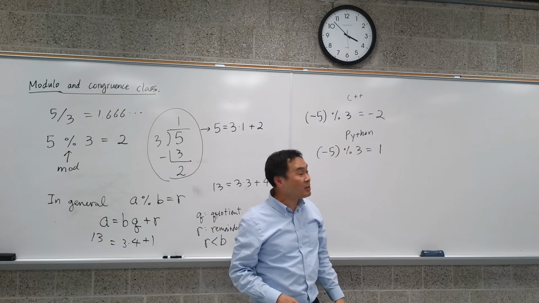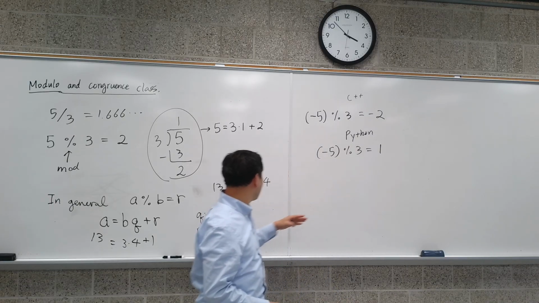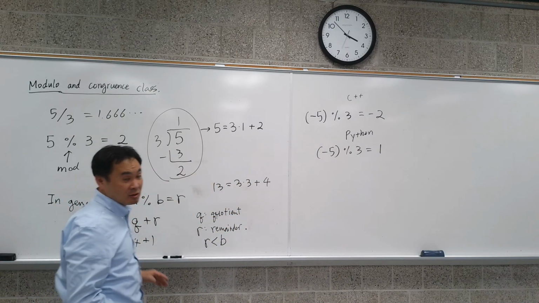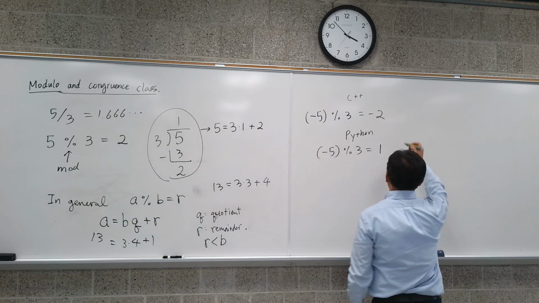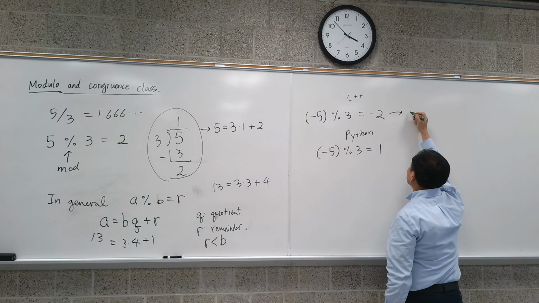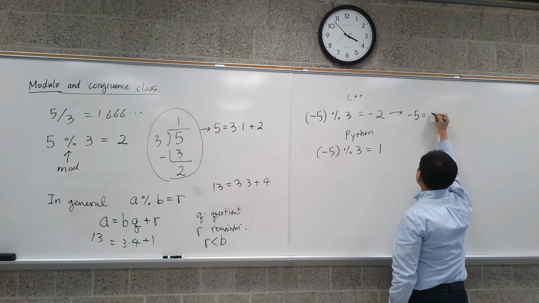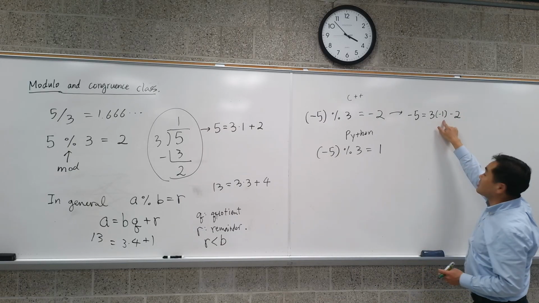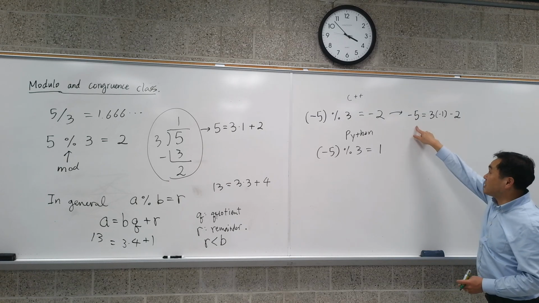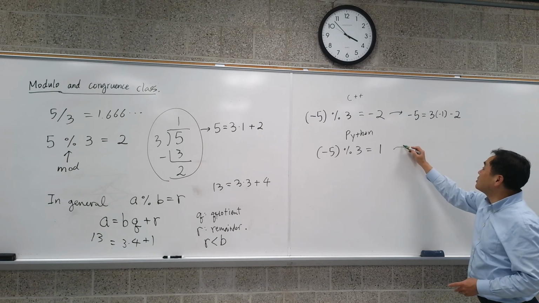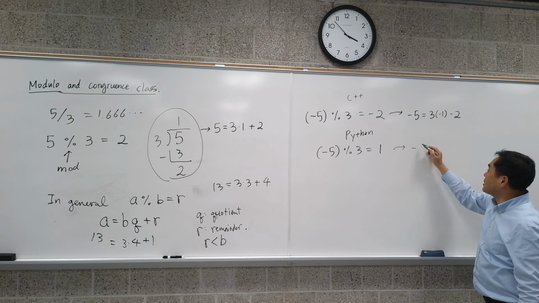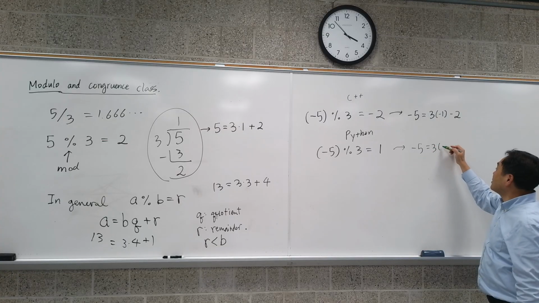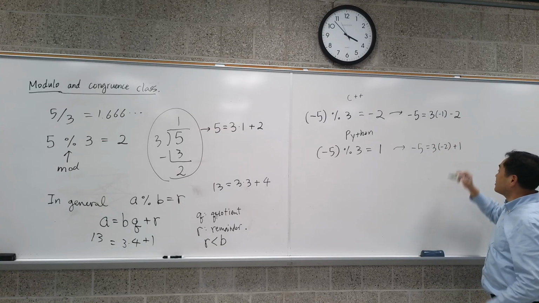Now let's try to convert this into a statement like this one and see what each of these do. So this one, we know that negative 5 is 3 times negative 1 minus 2, right? 3 times negative 1 is negative 3 minus 2, it's negative 5, right? This one, we know that negative 5 is 3 times negative 2 plus 1.